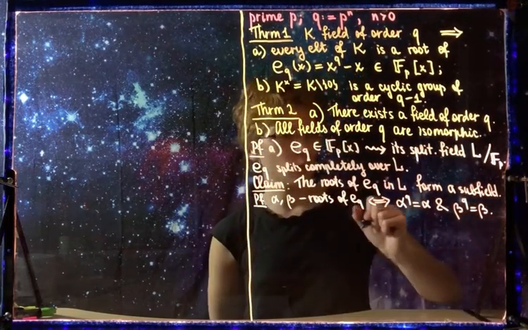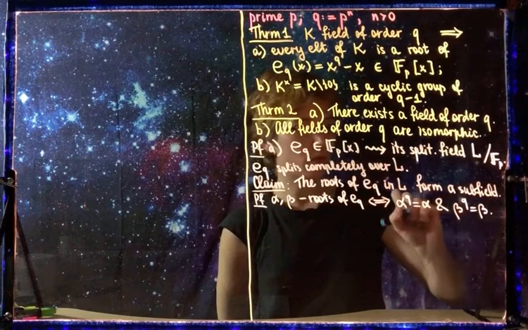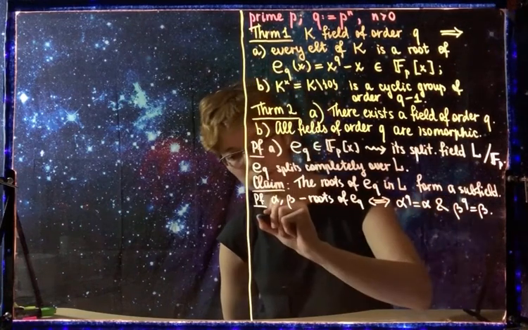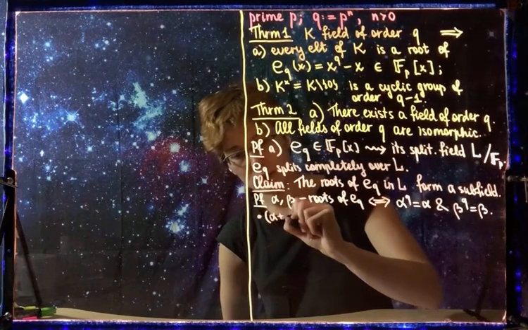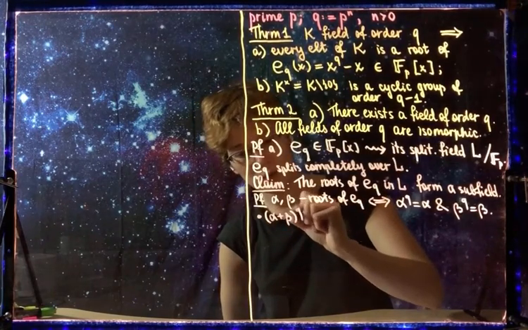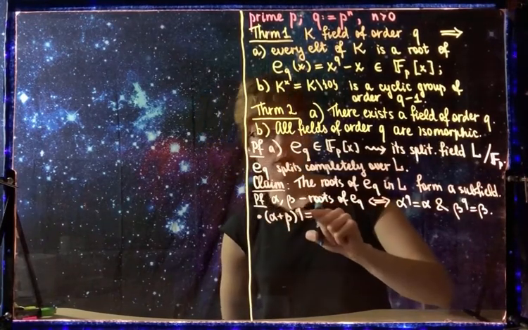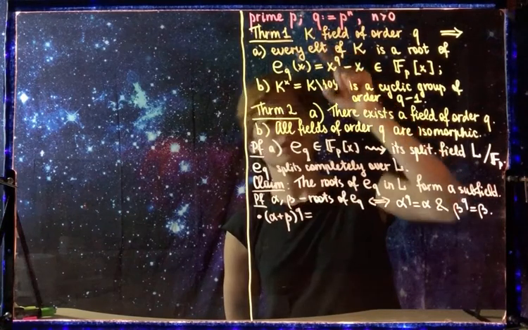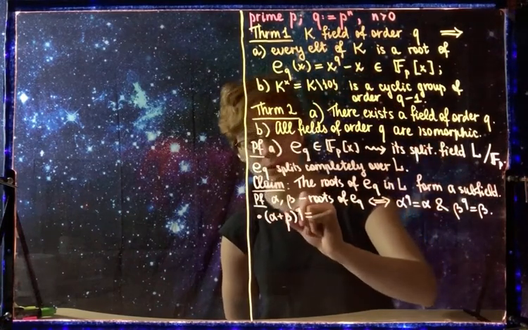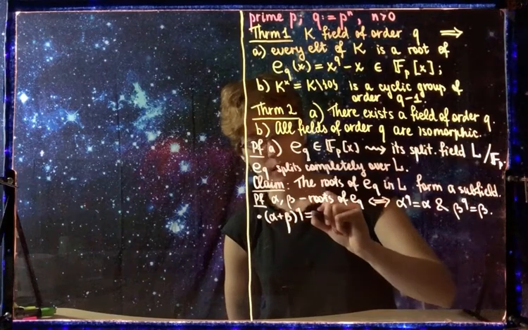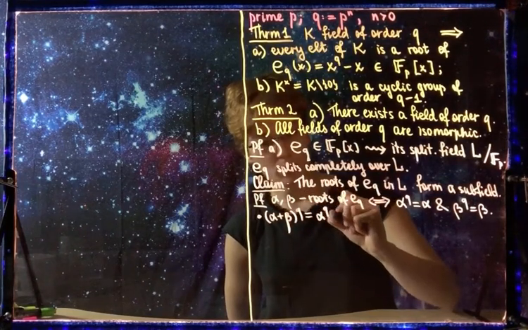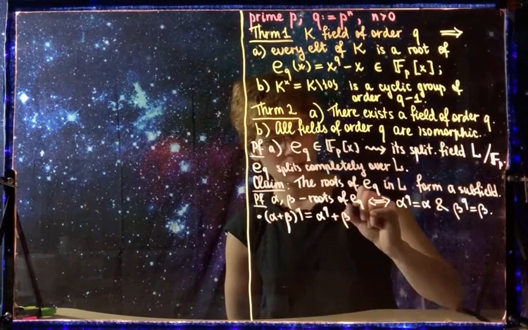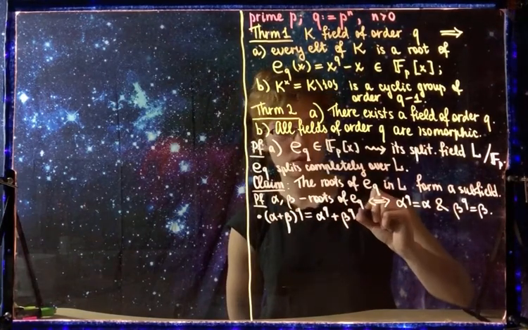So now I want to check that the same holds for alpha plus beta. So I view alpha plus beta and I take it to the power q. Because q is the power of p, and p is the characteristic of the ground field, I get that alpha plus beta to the power q is alpha to the power q plus beta to the power q.